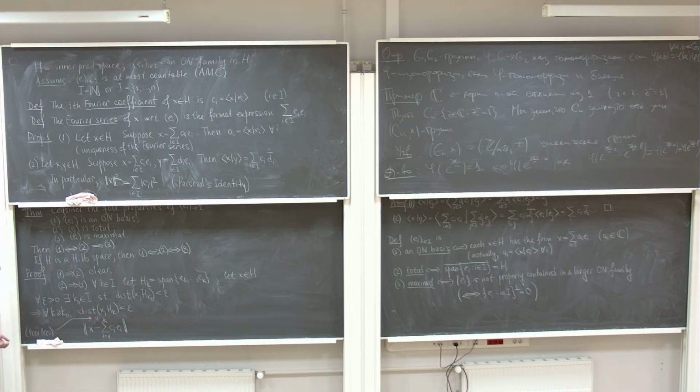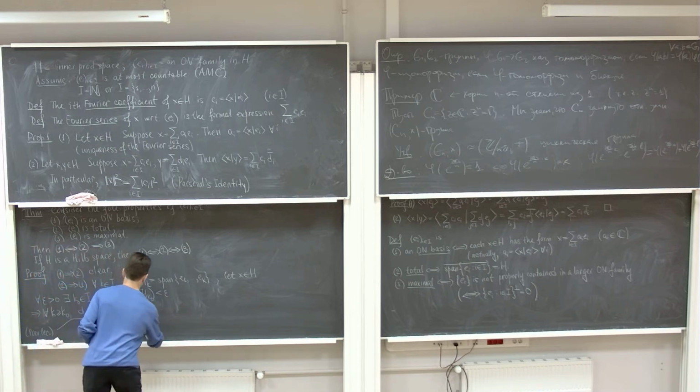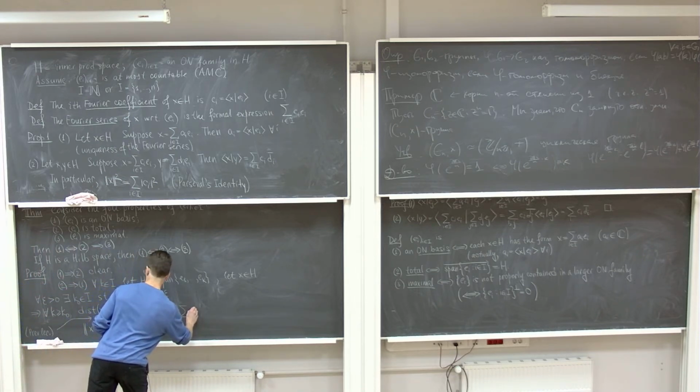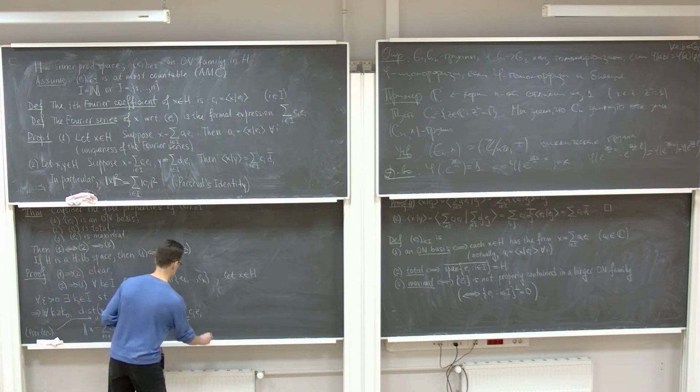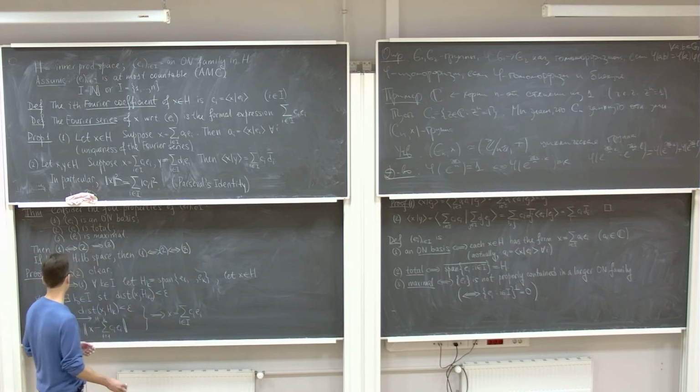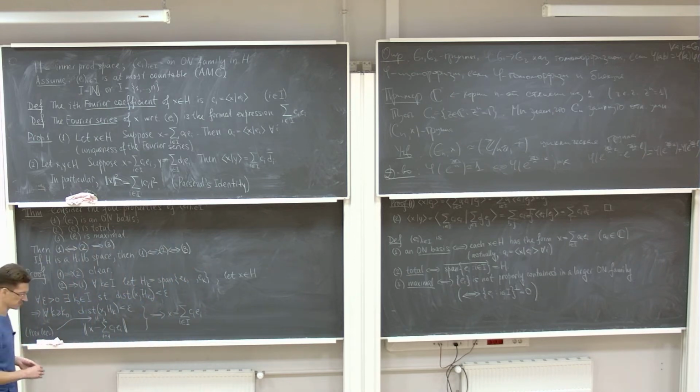But this means exactly that x is the following sum. So we see that EI is an orthonormal basis in H.